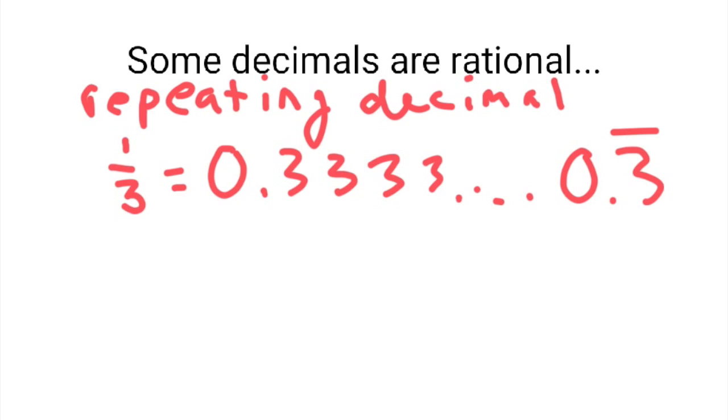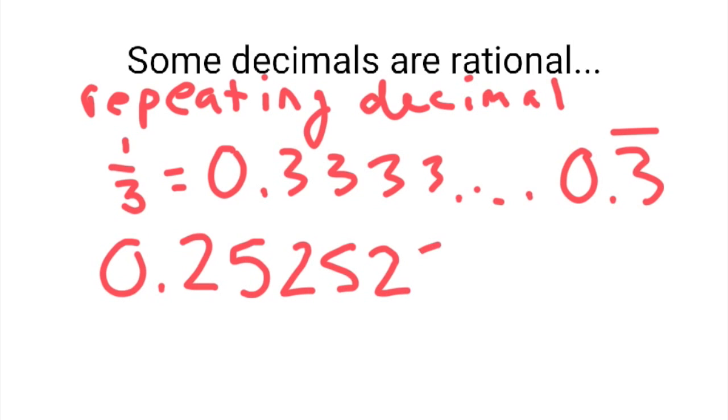Another one would be 0.2525. You see the pattern? You could rewrite that one as just 0.25 repeating. So these repeating decimals are rational as well.